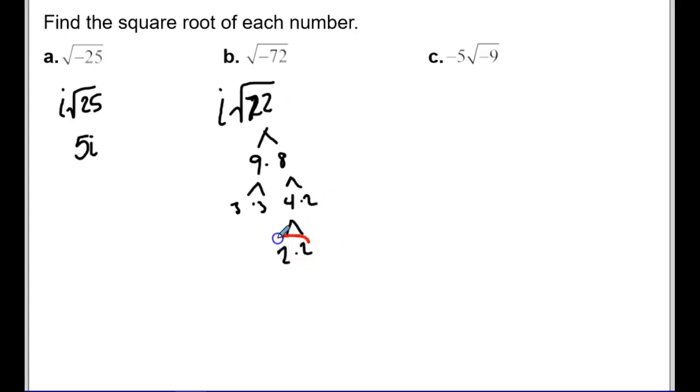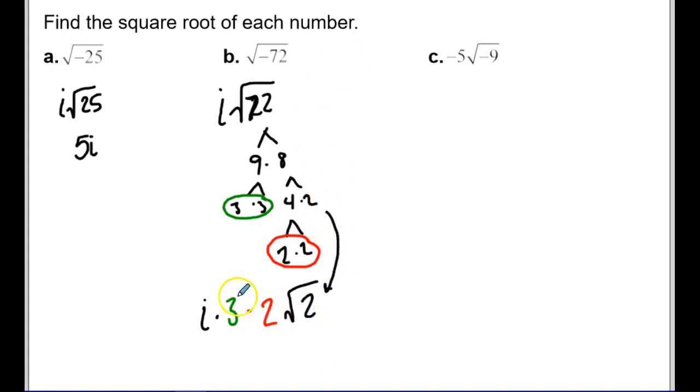So now I'm going to circle my pairs in order to fully simplify. So now I still have that i times, since this was a pair, this comes out as a 3, and I had a pair of 2s, and then I still had a square root of 2 left inside.